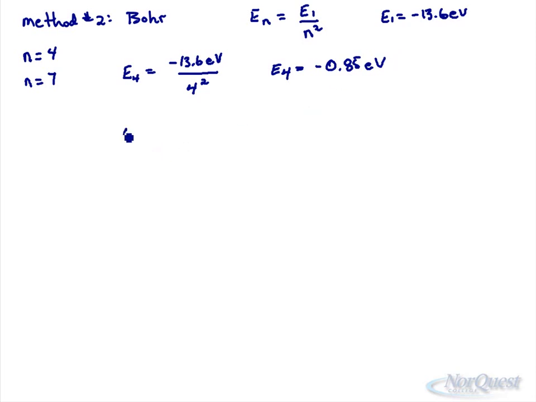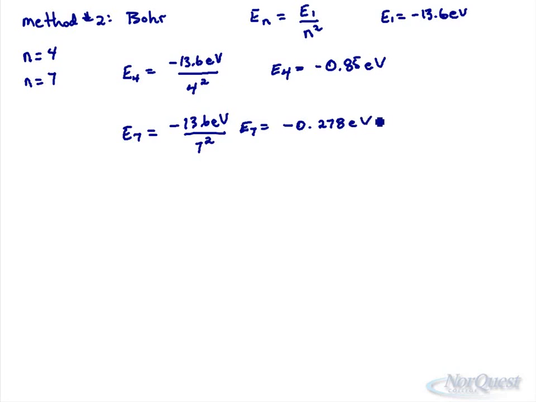Bohr would then calculate what E7 is: negative 13.6 electron volts divided by 7 squared, and he would have E7 equal to negative 0.278 electron volts.